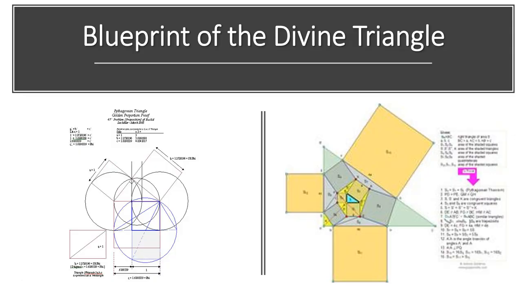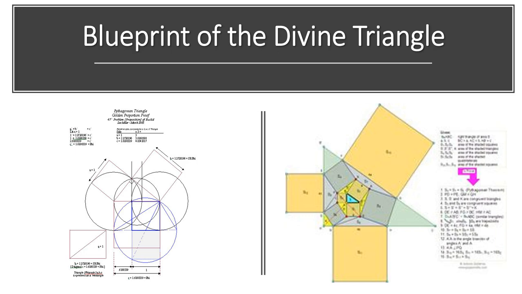I want you to see the blueprint of the divine triangle, and this of course has been the Pythagorean triangle with the golden proportion. This is done right now with modern means, but this is what Pythagoras came from.